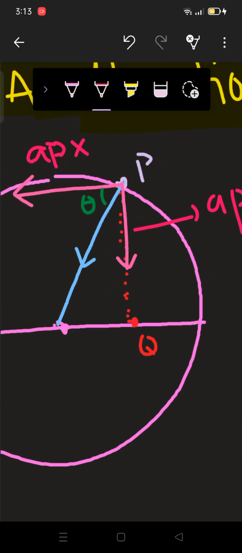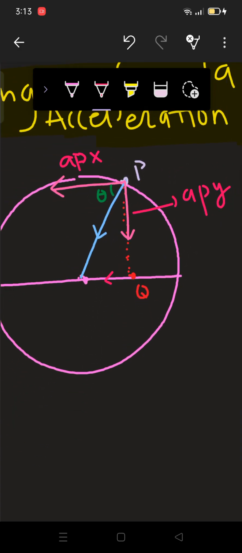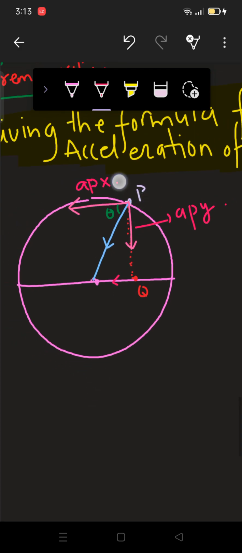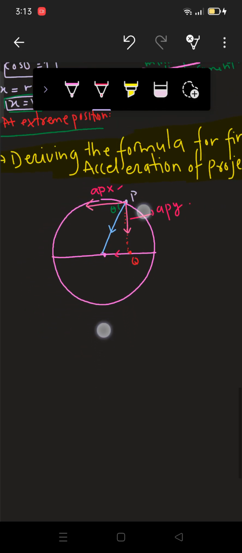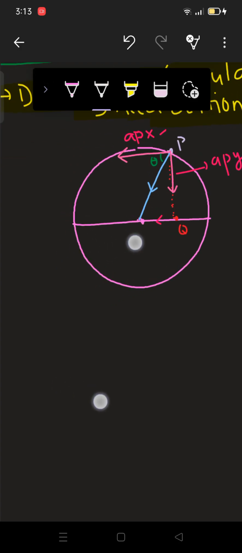Now see, which component of the particle is responsible for the acceleration? You must see a_px is responsible for the acceleration of the particle. So let's write this here.